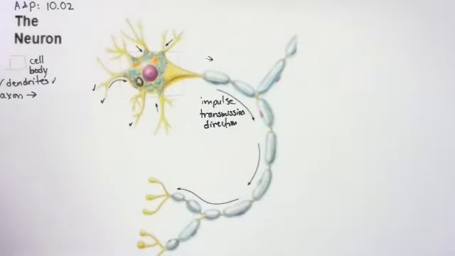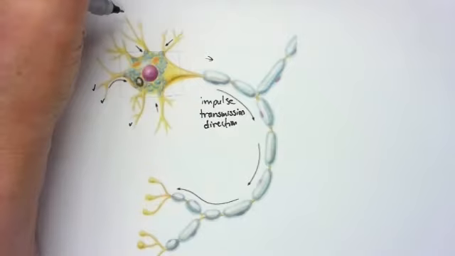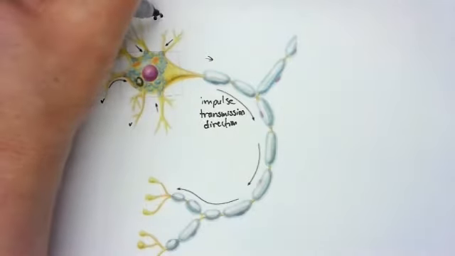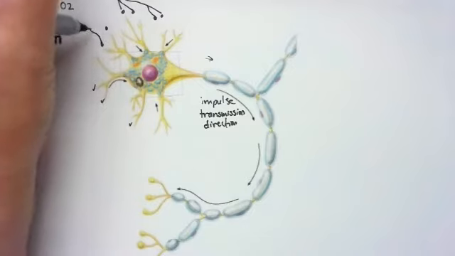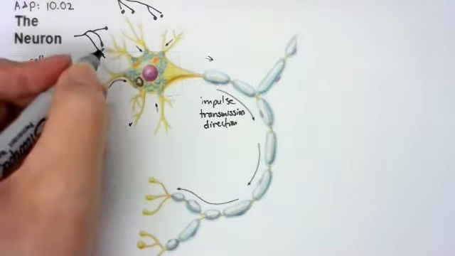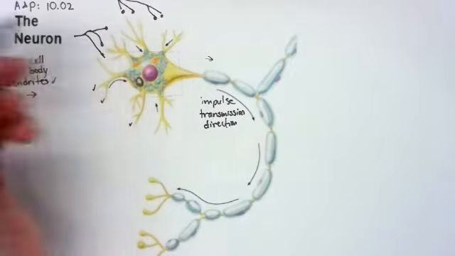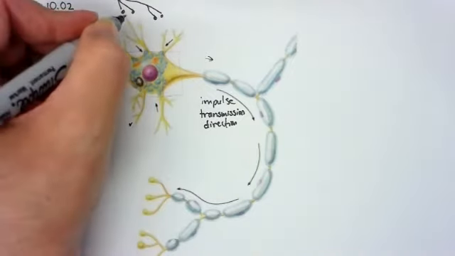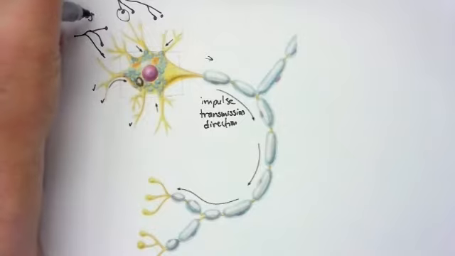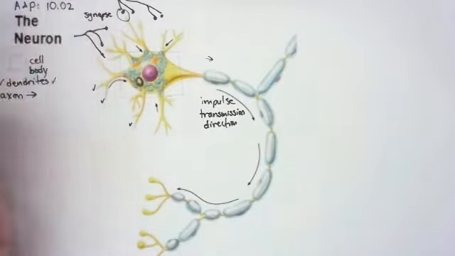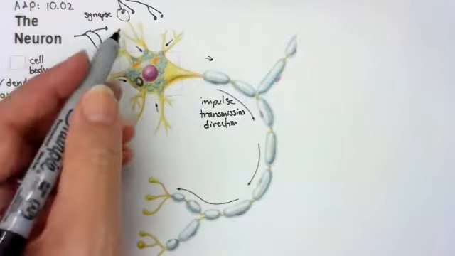So if I'm going from a nerve cell to a nerve cell, I've got the axons at the end of another nerve here, and they come into the dendrites. We already talked about the synapse, so here we'll have a synapse here, a synapse here, a synapse here.